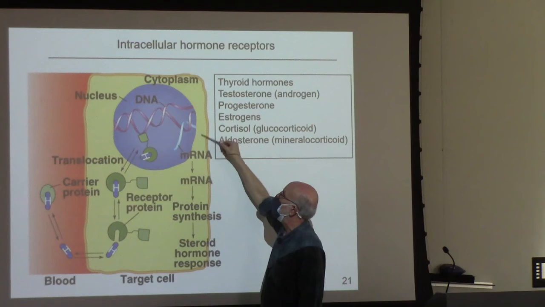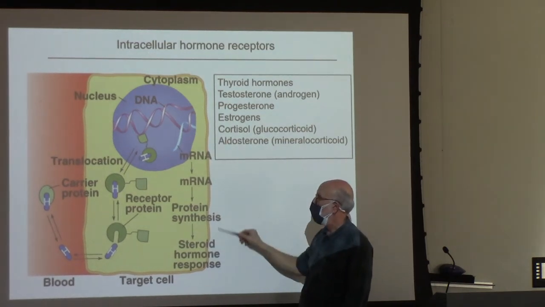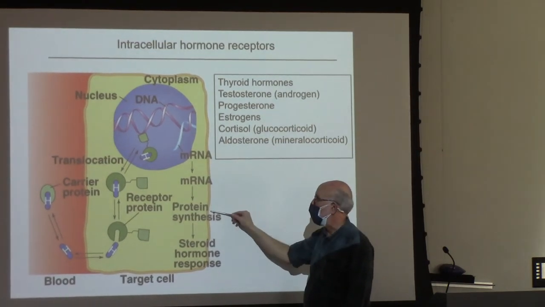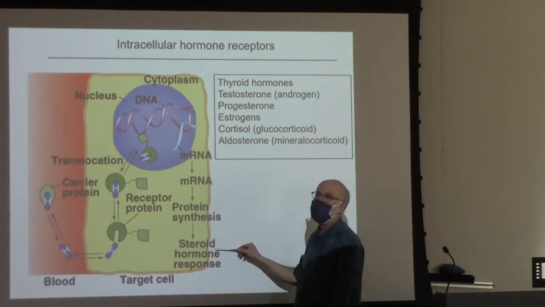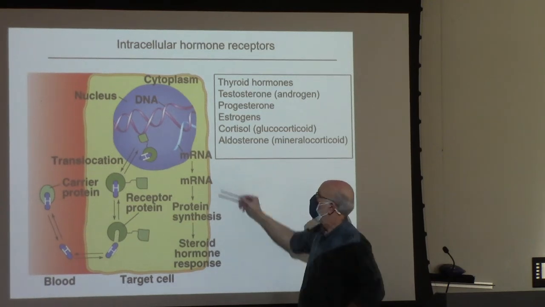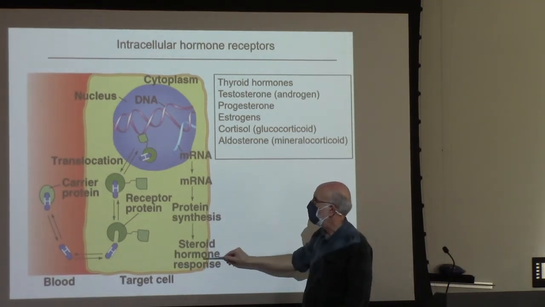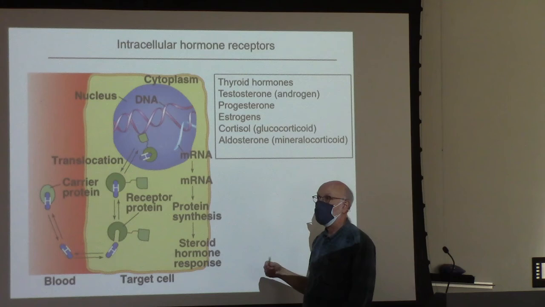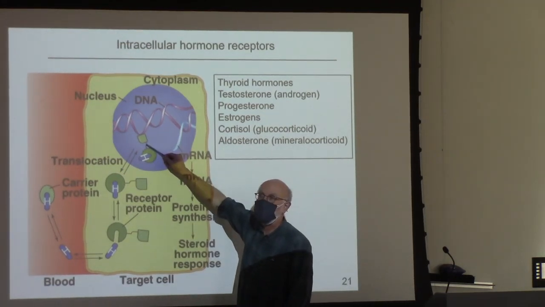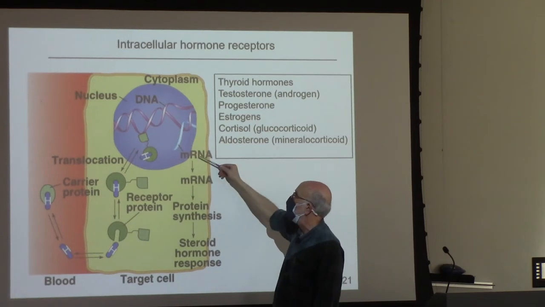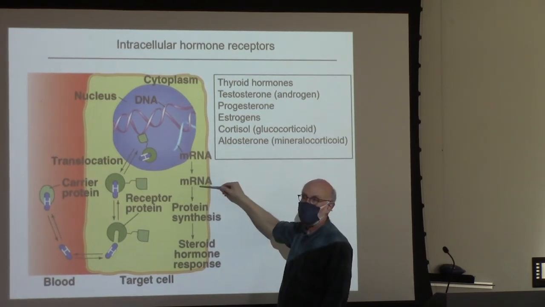Changes the expression of mRNA, changes the synthesis of some protein. That is the response. So in this case, protein synthesis is the downstream effect due to a transcription factor changing, either up or down regulating transcription.